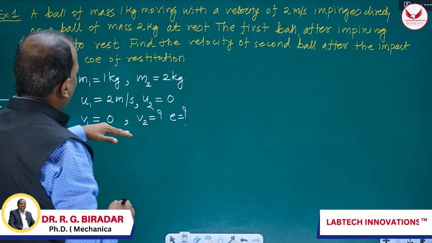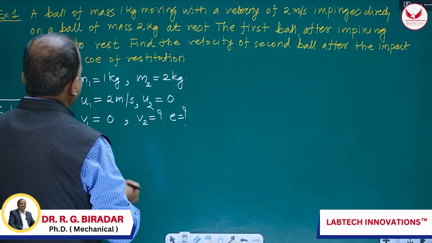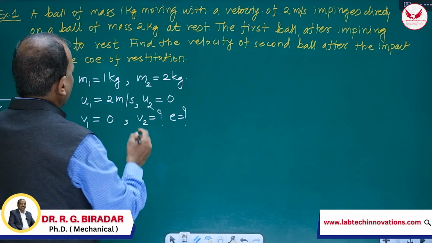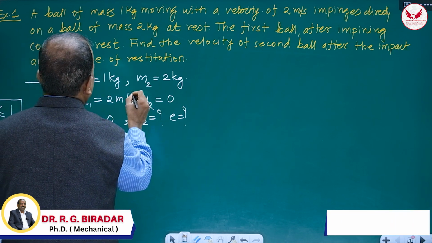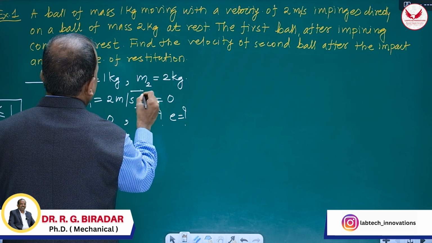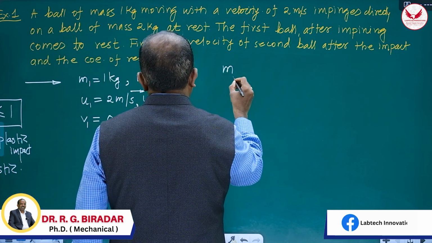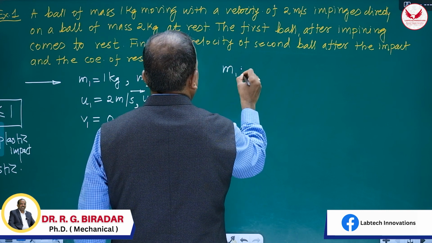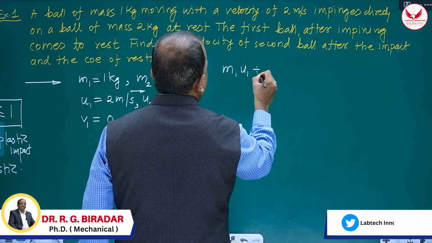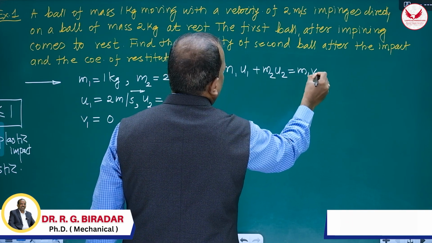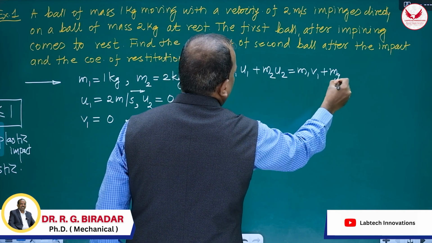So M1, M2, everything is known. Let us consider the first ball is moving towards right, and towards right we'll consider positive. Now M1 U1 plus M2 U2 is equal to M1 V1 plus M2 V2.